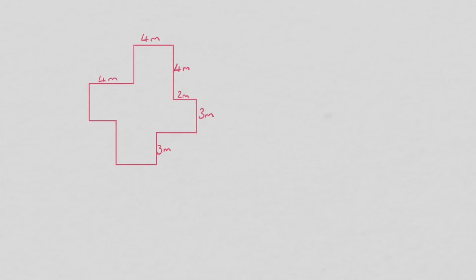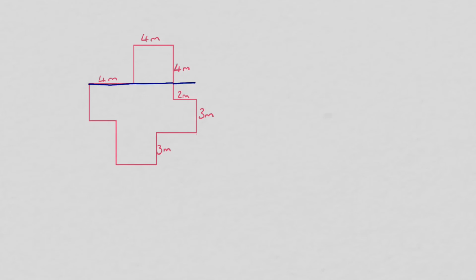So what we're going to do is have a look at the horizontal lines. There's a set of horizontal lines, and I hope you can see that if I were to put that line there, and that line, and that line there, that's the whole distance all the way across the shape.